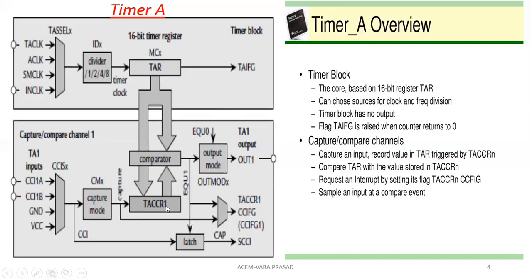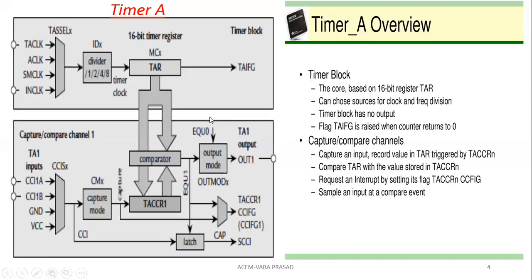A CC interrupt is available, and sampling an interrupt at a compare event means synchronization is available, so the CC interrupt is available. These are the overview of Timer A.